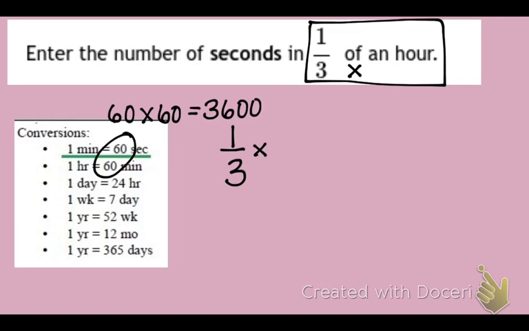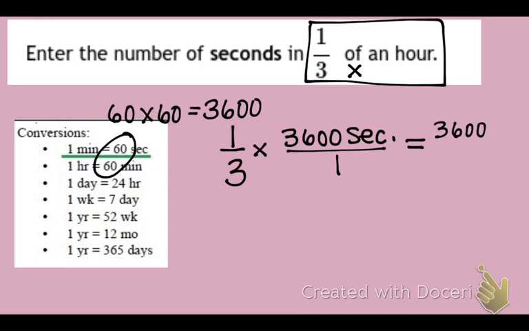That is 3,600. So we're multiplying 1/3 times 3,600, because we need to convert it to seconds. Set that over 1. Then we just multiply across. 3,600 over 3.